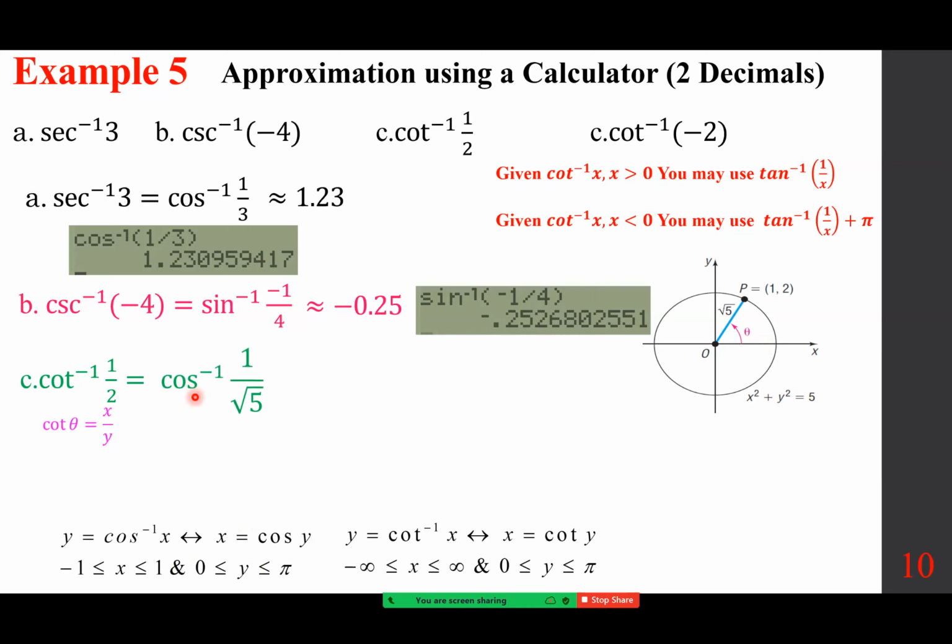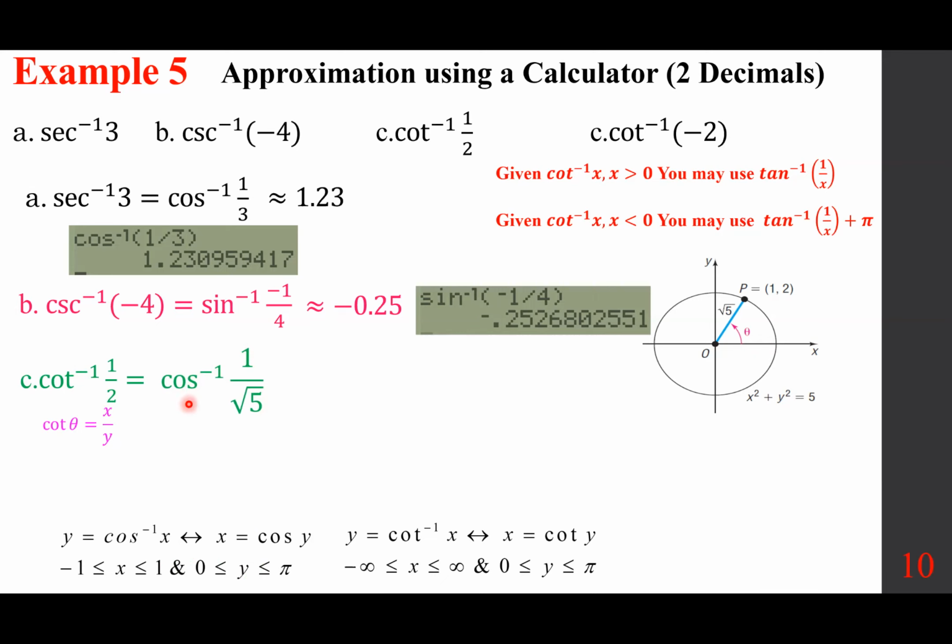Now you can find cosine inverse of 1 over square root of 5 if you want to go by cosine. And I want to discuss that when it comes to cotangent, why you want to do that, because the calculator does not have an inverse normally for secant, cosecant, and cotangent.